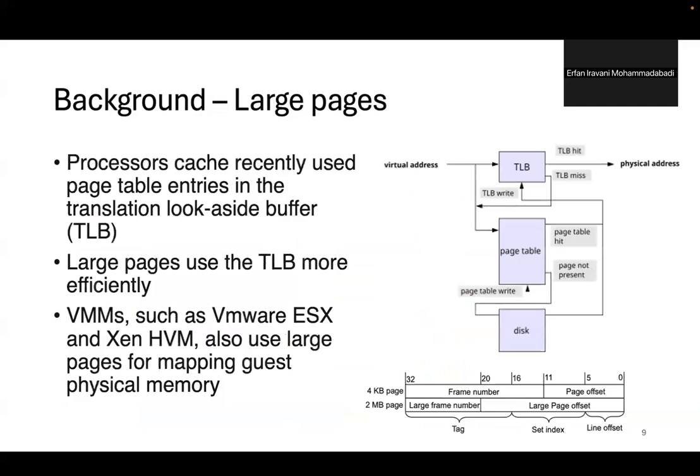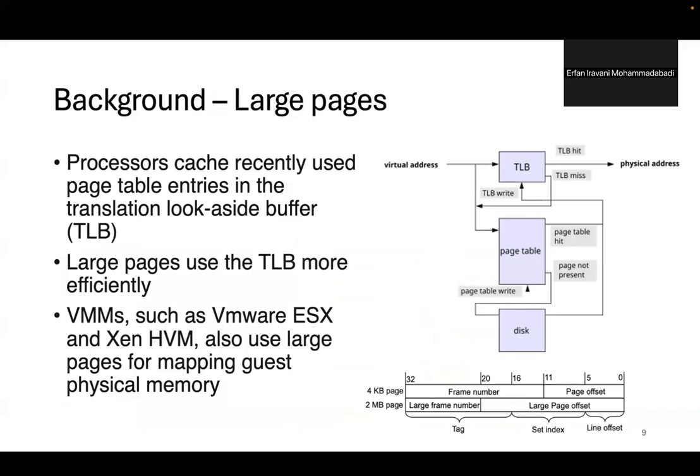Here we can see that there is a TLB, the translation look-aside buffer, which is a specialized cache inside the CPU that stores recently used page table entries. Each TLB entry maps a virtual page to a physical frame, as we saw in the previous slide.